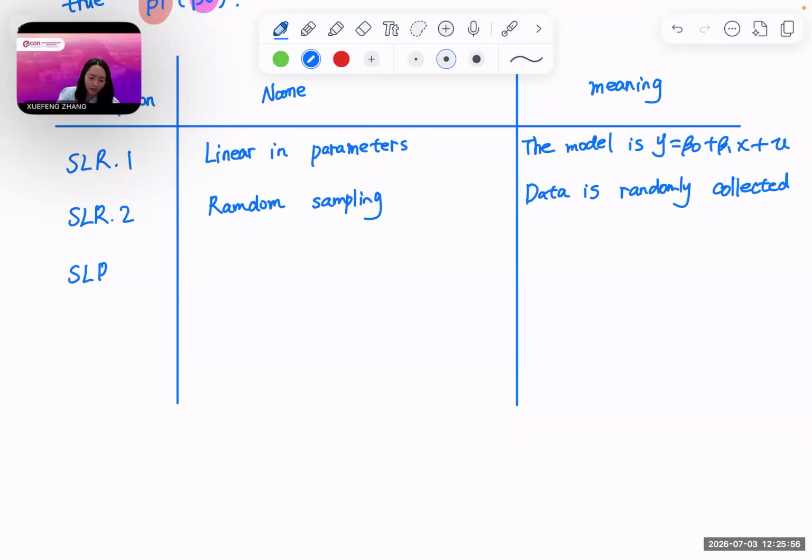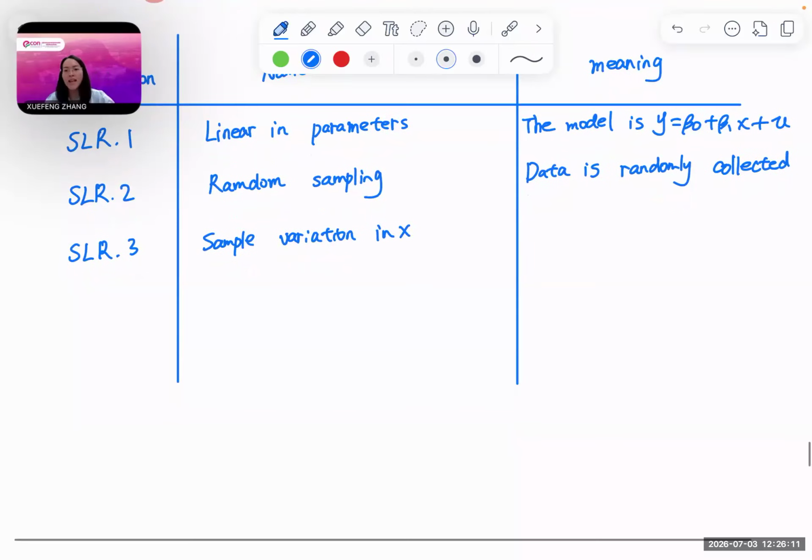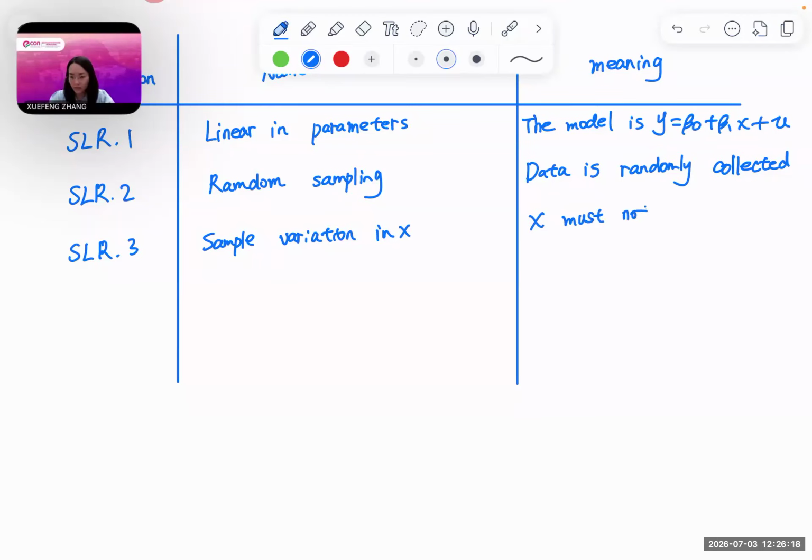Next one, sample variation in X. It means that X must not be the same value for everyone.